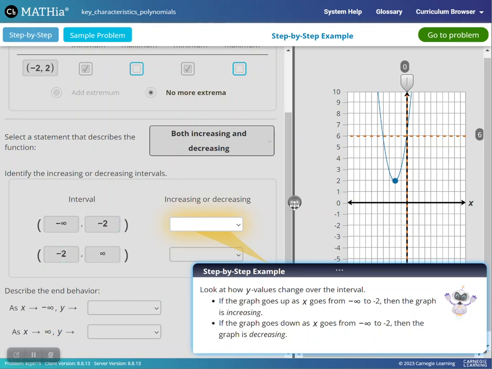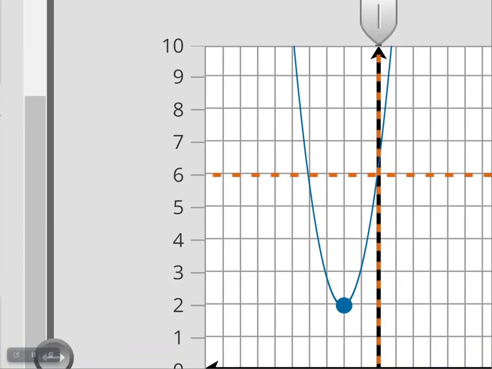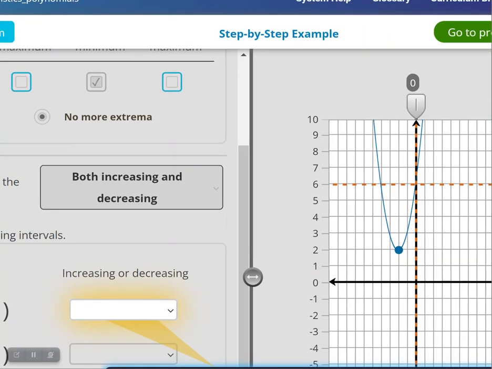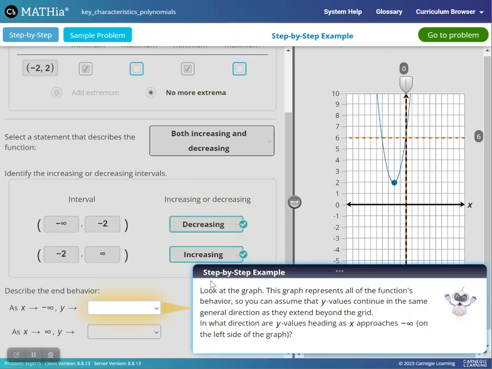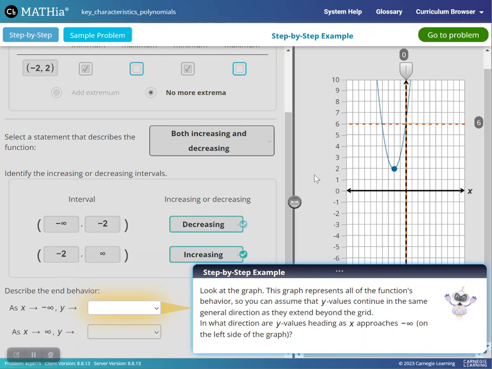So from -infinity to -2, that's the left half of this graph, from here to here, it is decreasing. And then from -2 to infinity, it is increasing. Decreasing, then increasing.